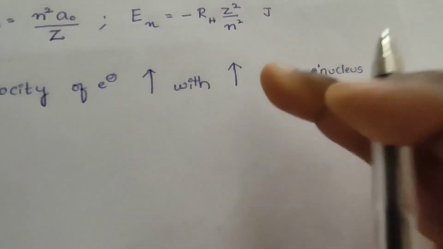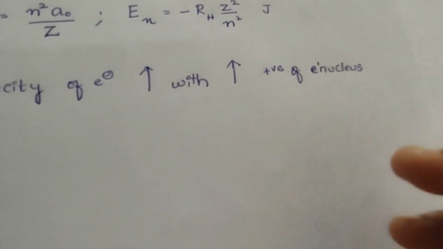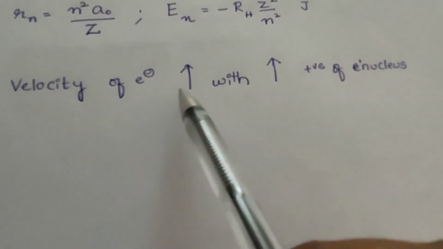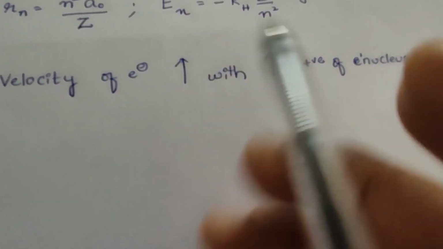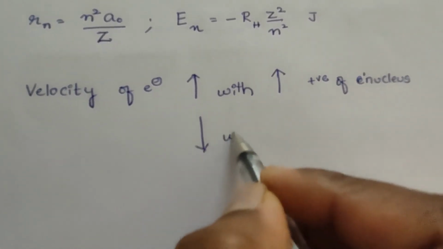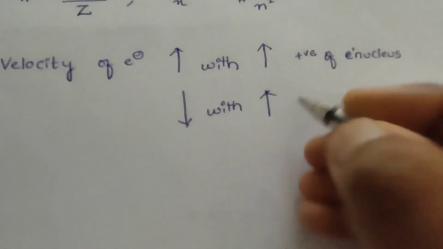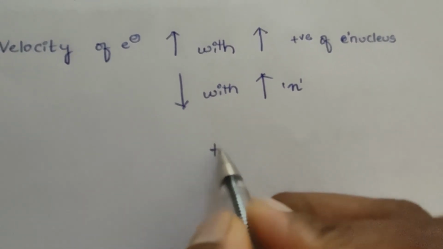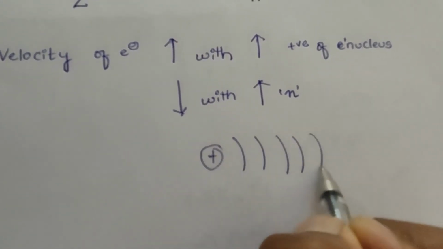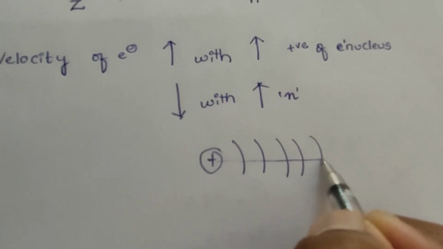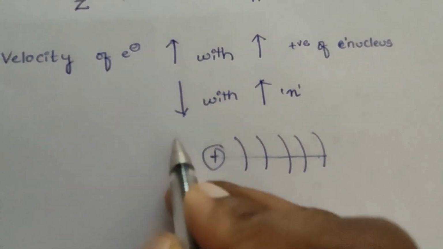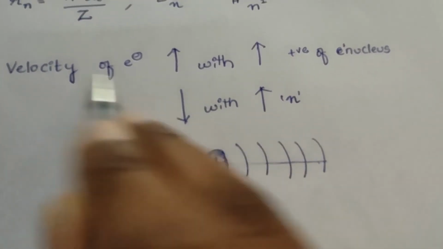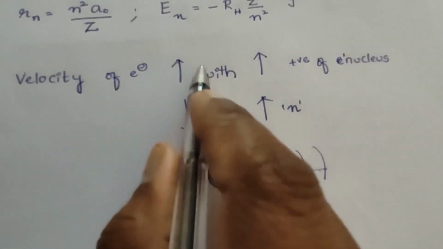As the nuclear positive charge increases, that is, if the nucleus has more protons, the velocity of the electron in the stationary state increases. But the velocity of the electron decreases with an increase in the principal quantum number n. So if the n value increases, the velocity of the electron decreases, and if the positive charge of the nucleus increases, the velocity of the electron increases.